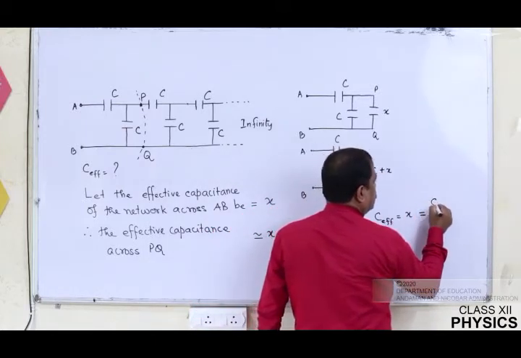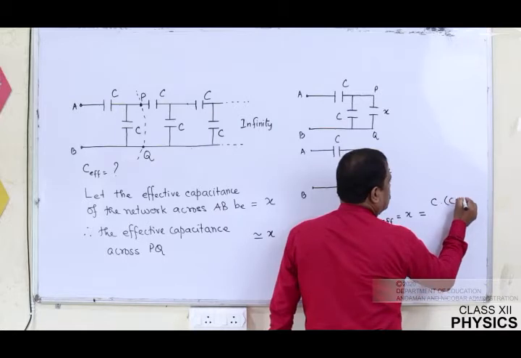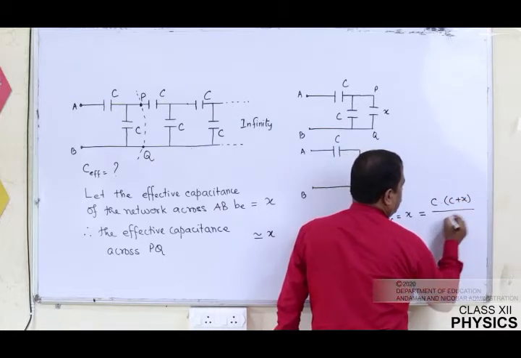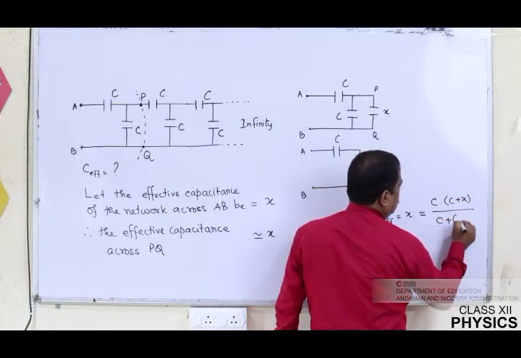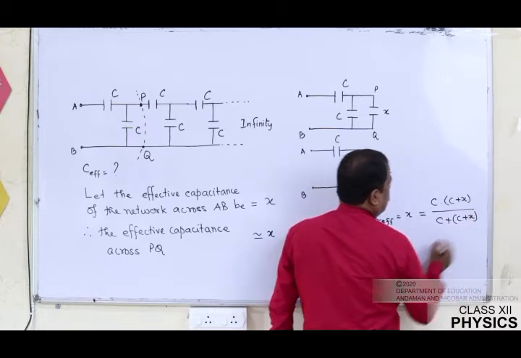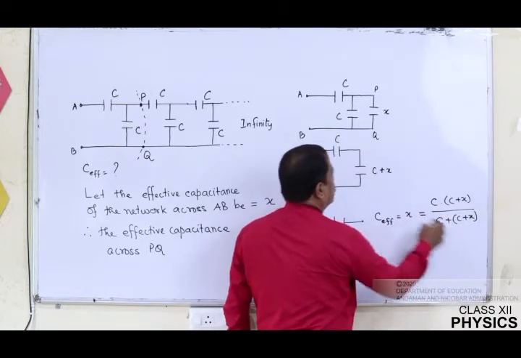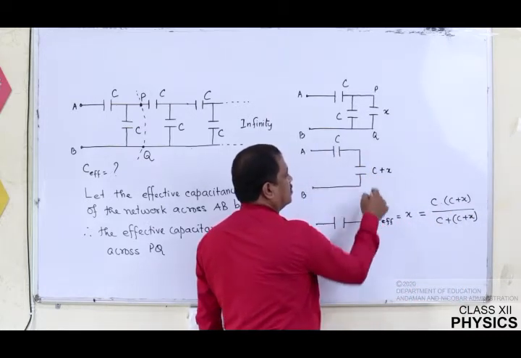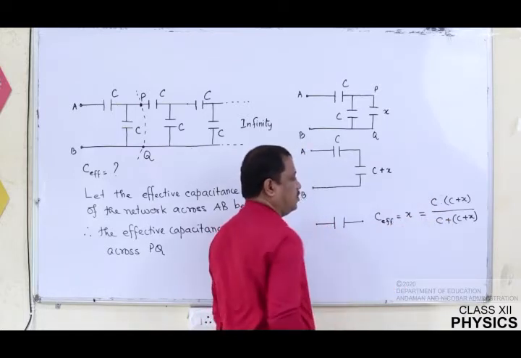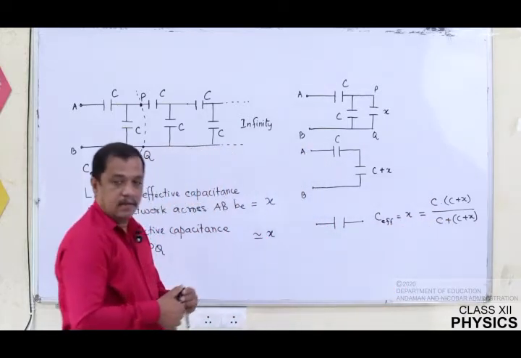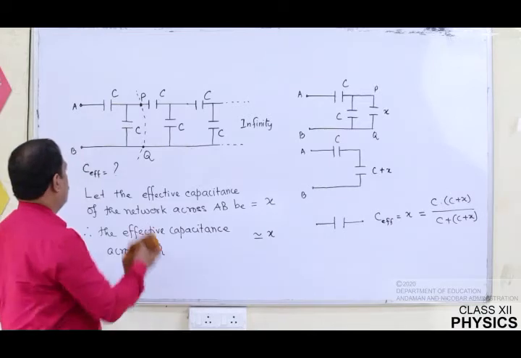So X equals C into (C plus X) upon C plus C plus X, being the effective capacitance of the series combination of these two capacitors. Now we need to solve this expression to get the effective capacitance. So let us try to solve it.